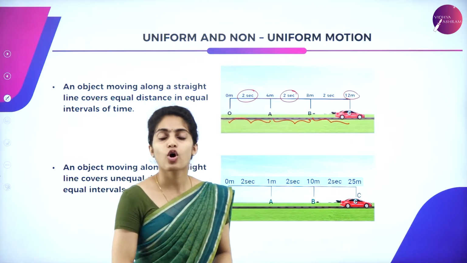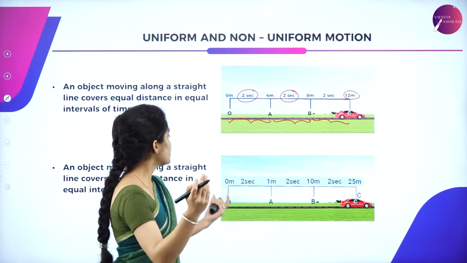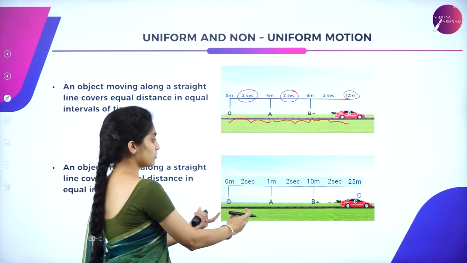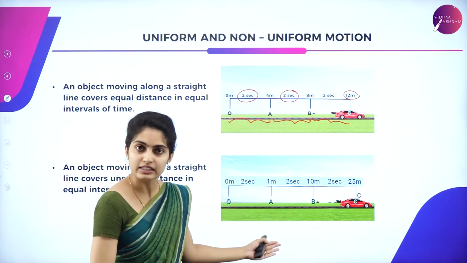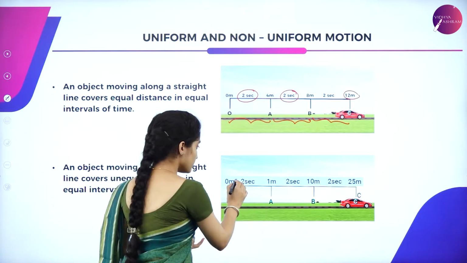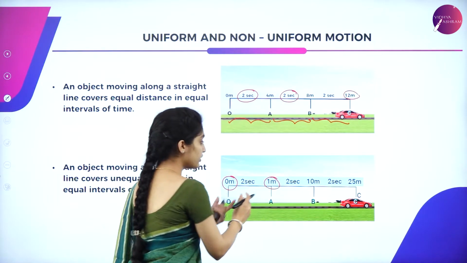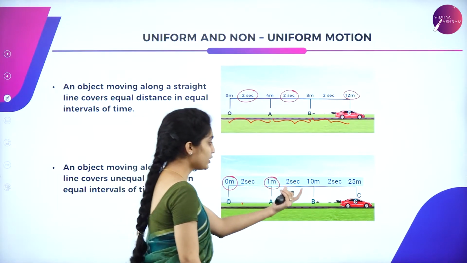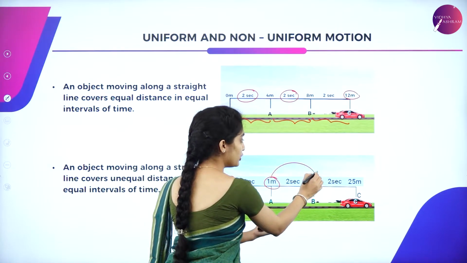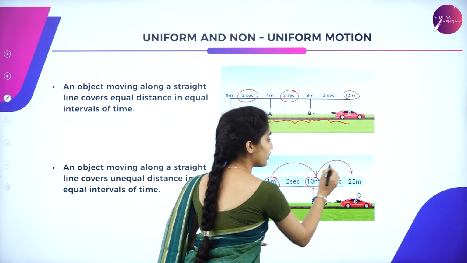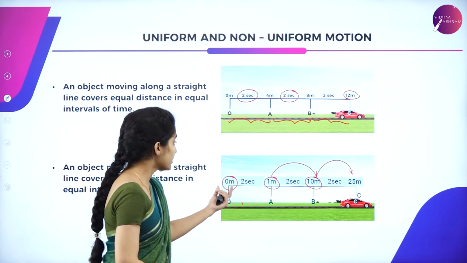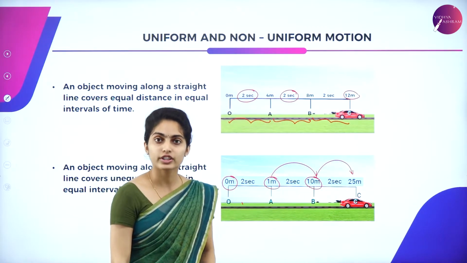Now non-uniform motion. The object we are considering is a car which is moving 0 to 1 meter in 2 seconds. Again in 2 seconds, it moves from 1 to 10 meters. Again in 2 seconds, it is 10 to 25 meters. So here the distance is not equal.